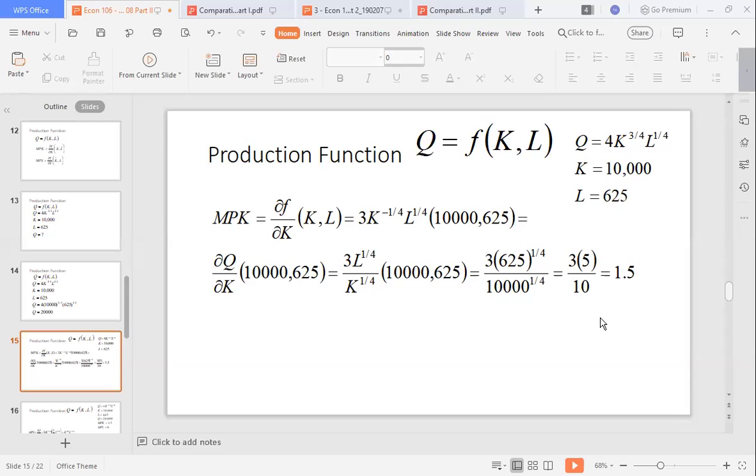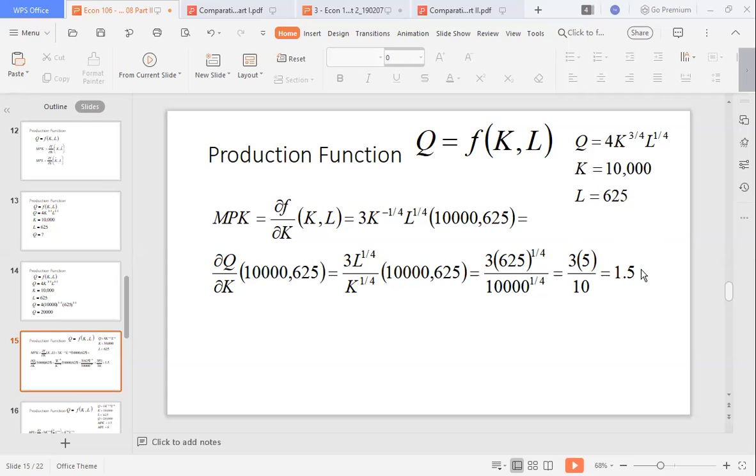So what do we mean by 1.5, class? This is our exact value for marginal product of capital. So what we're trying to estimate here is the change in output that is due to a 1.5 increase in capital.